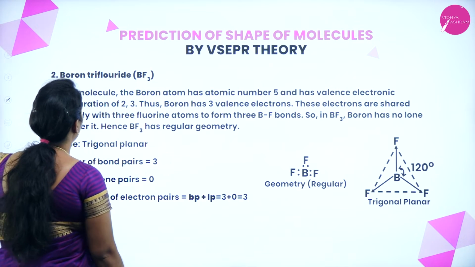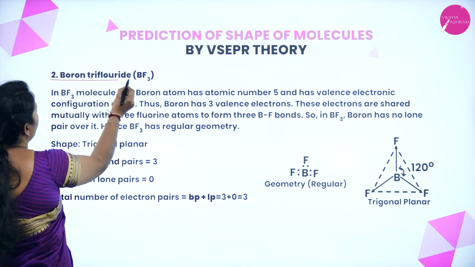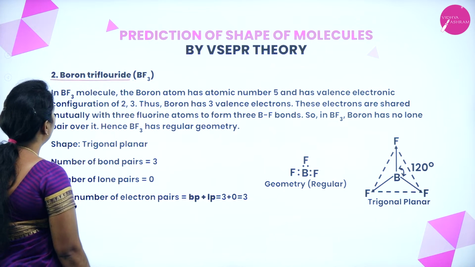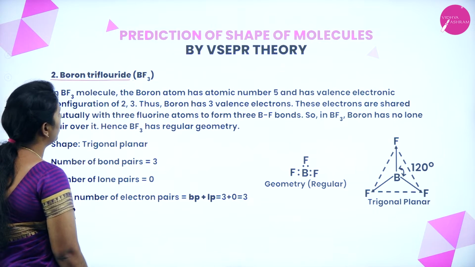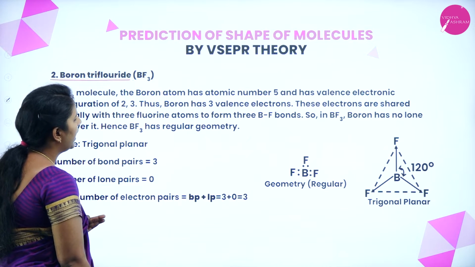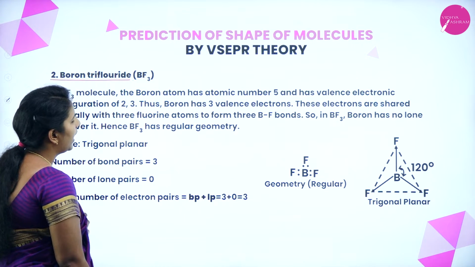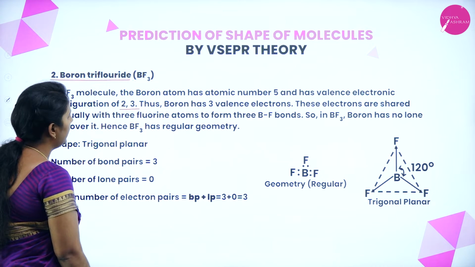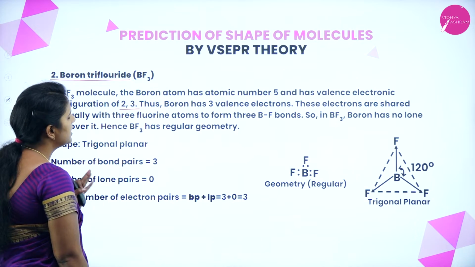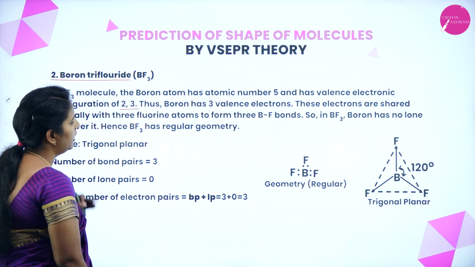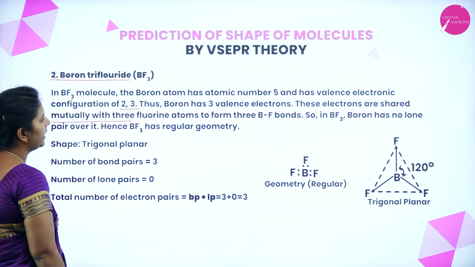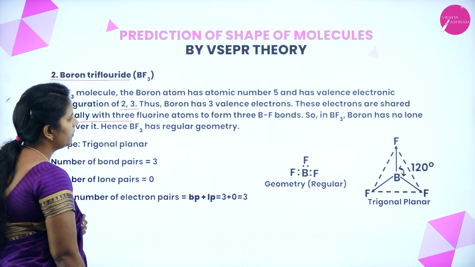Next, boron trifluoride, that is BF3. In the BF3 molecule, the boron atom has atomic number 5 and its valence electronic configuration will be 2, 3. Thus, boron has 3 valence electrons and these electrons are shared mutually with the 3 fluorine atoms to form B-F bonds.